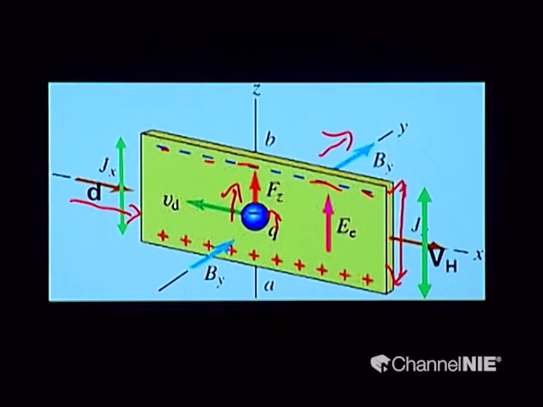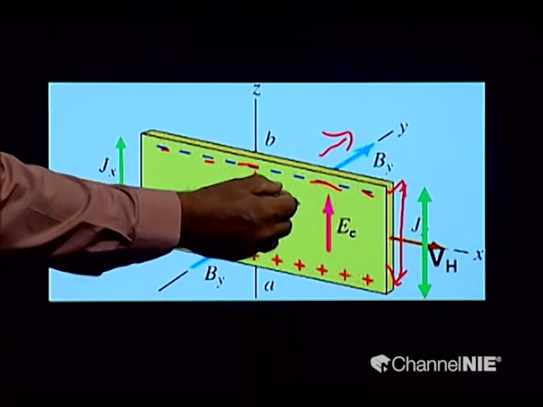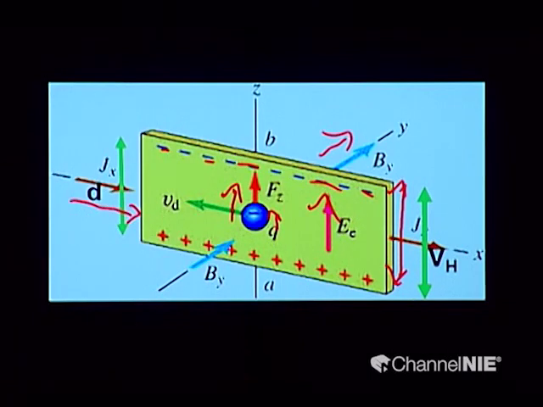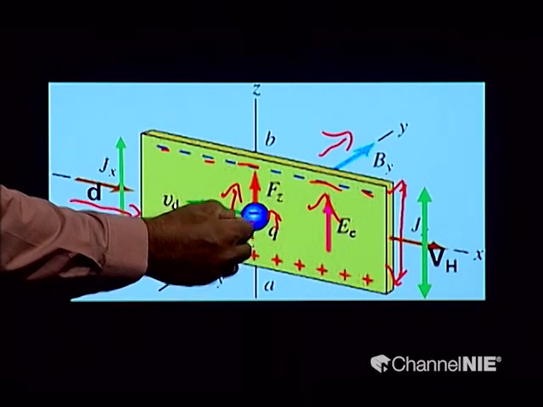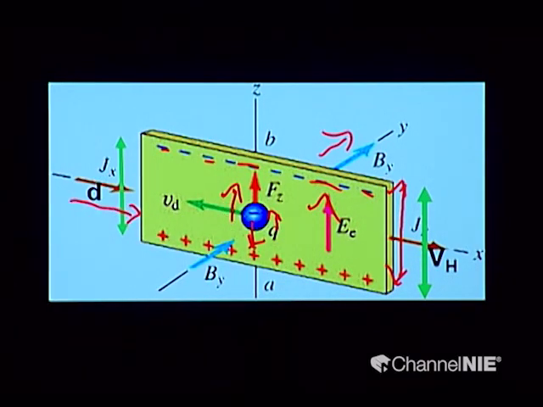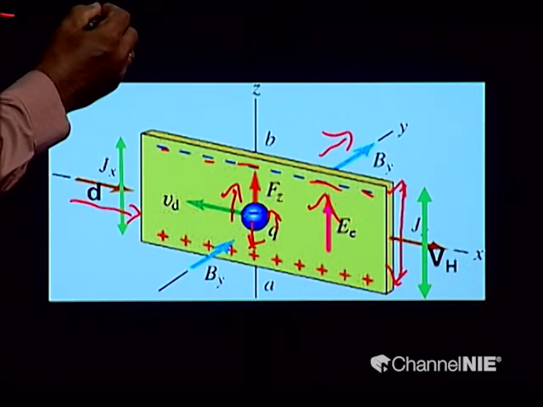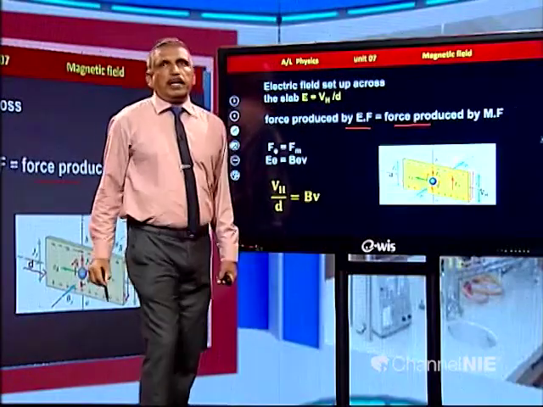Therefore, an electric field is set up here, and that electric field creates a force on this electron in the downward direction. These two forces, the magnetic force and the electric force, are equal in the equilibrium state.